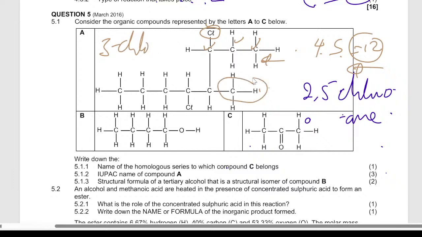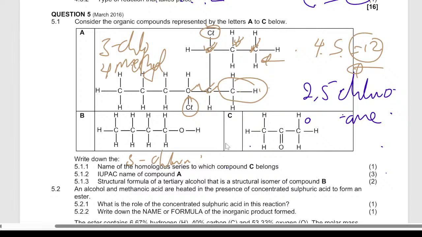But I have another branch here, 1, 2, 3, 4, which is a methyl. So it's gonna be 4-methyl. Then I'm gonna have 1, 2, 3, 4, 5. I have another chloro at 5. So 5 chloro, isn't it?